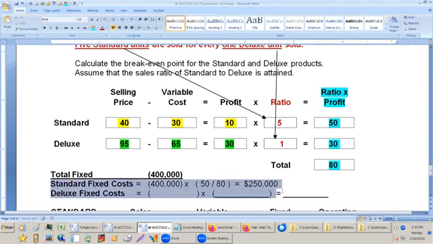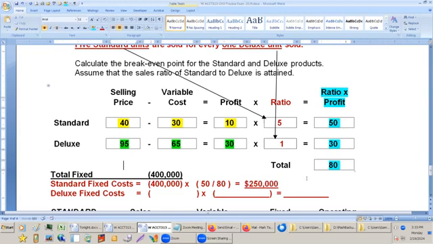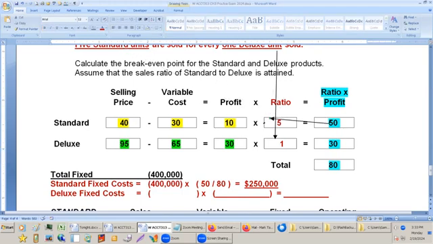Okay, so of the 400,000, 250 is going to go to the standard. That comes from here.